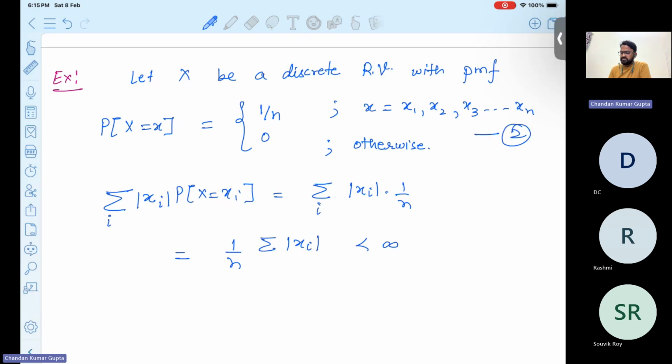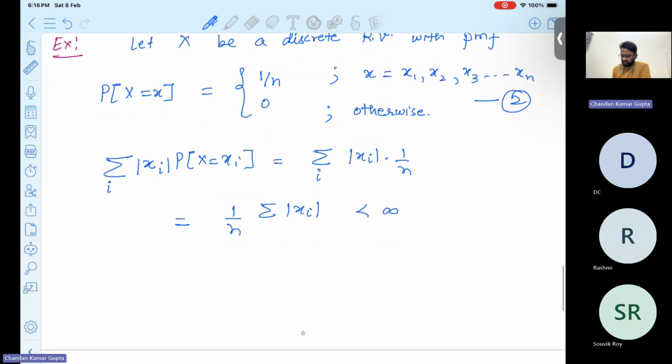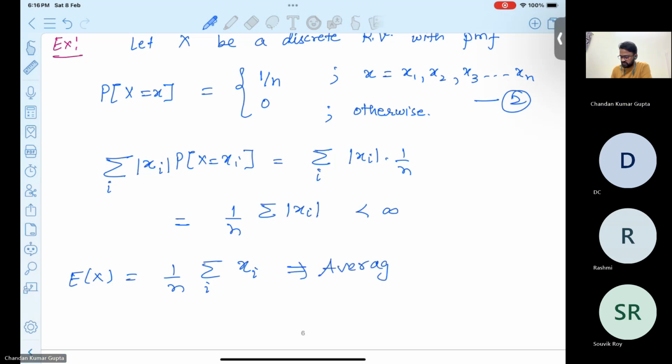For example, we call it equation 2. The expected value here is nothing but 1 by n times the summation of x, where we can drop the mod. This is nothing but the average.